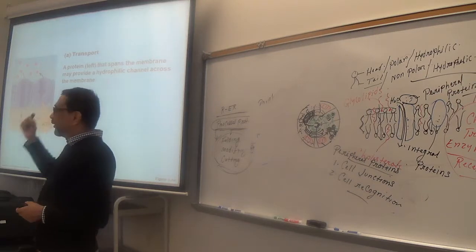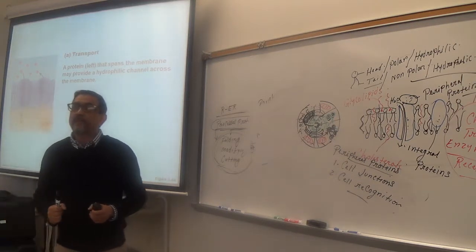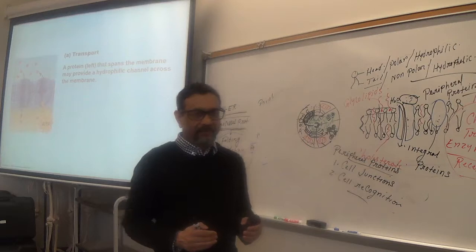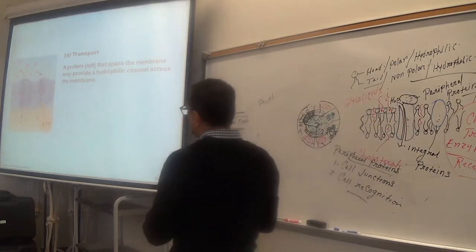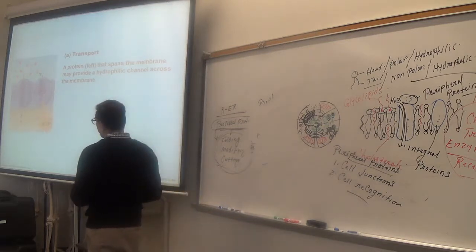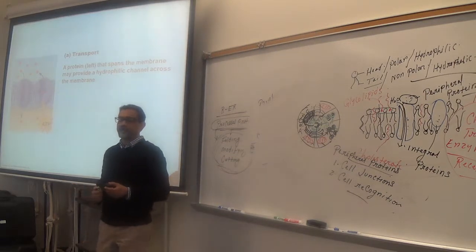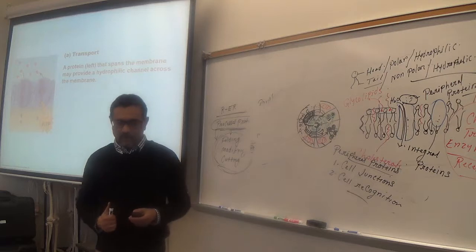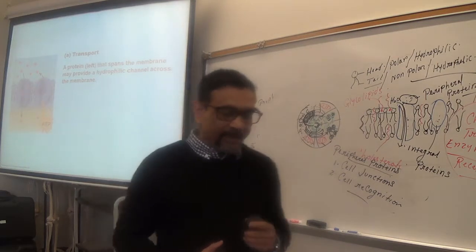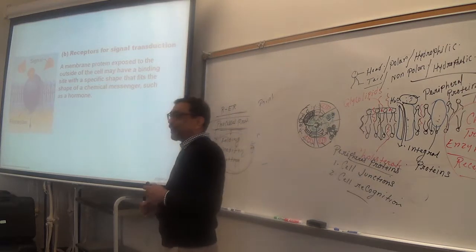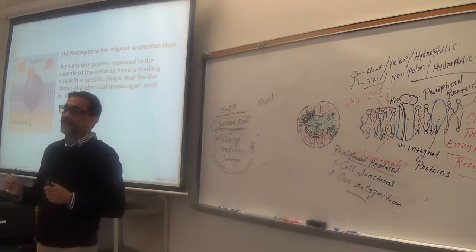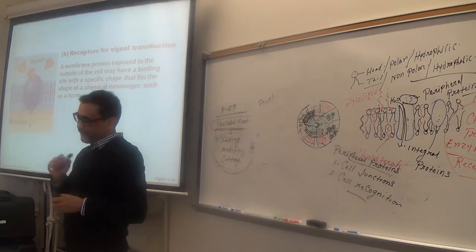So these channels use ATP. So ATP to open or close the gate. So these are gated channels. But both types of channels help in transportation, transport of chemicals. Makes sense? Okay. Now this is very interesting. How some integral proteins work as receptors.